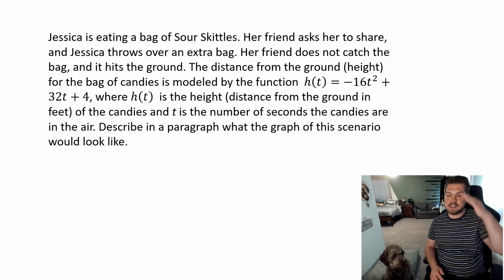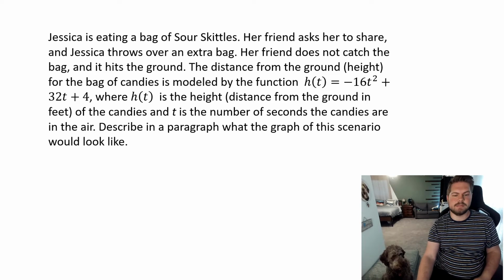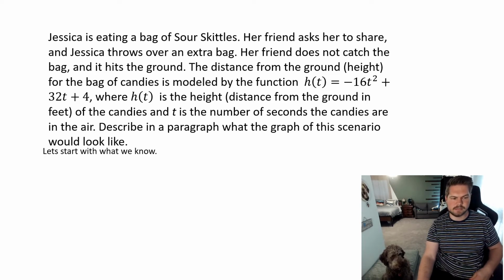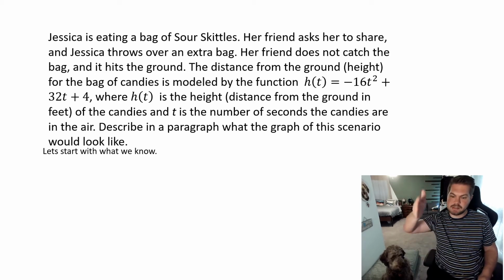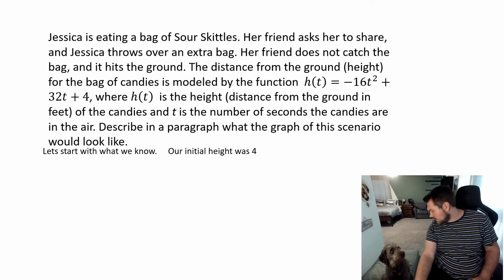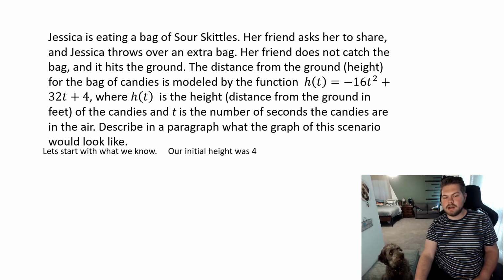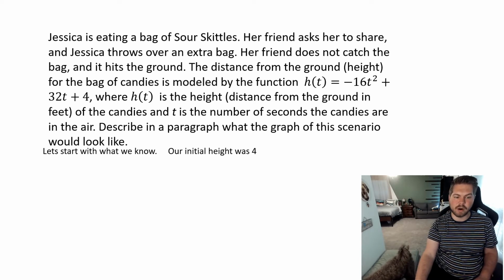The easiest thing to look at, though, is what our y-intercept would be. So let's look at what we know. Our y-intercept, if you remember, is when x is 0. If we plugged in 0 for t, 0 squared, and then 0 times 32, we get 0, and we're left with just the plus 4.